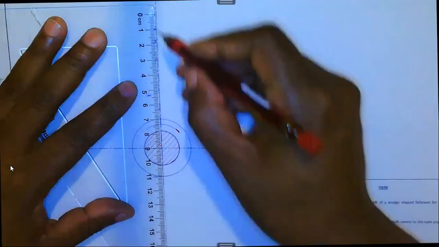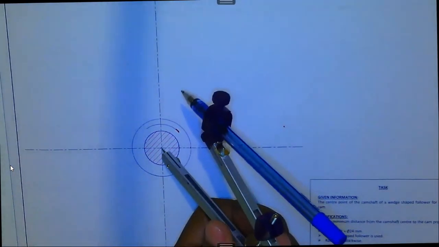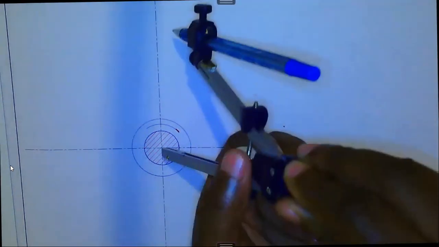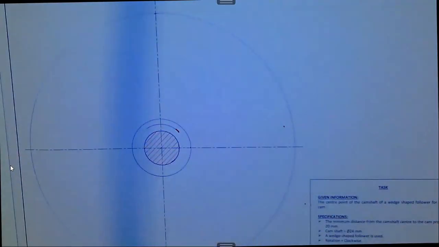So I'm going to mark here, like that. Then draw a faint circle. The radius is not 70, but remember the radius is defined from the camshaft center. So you take that, then you draw a faint circle like this.